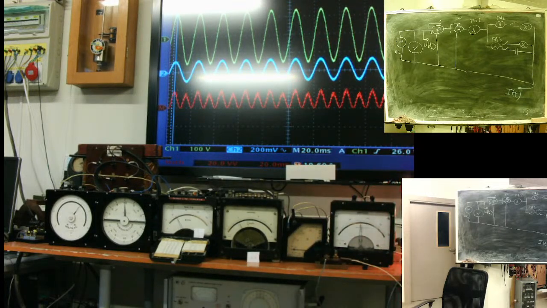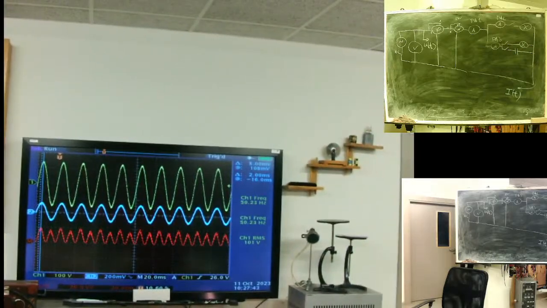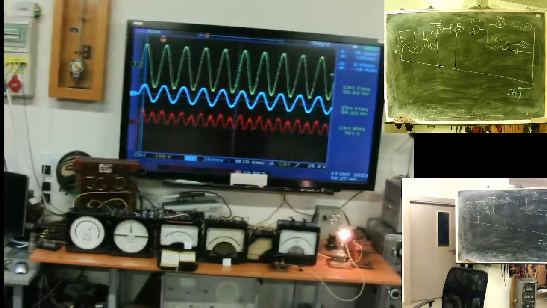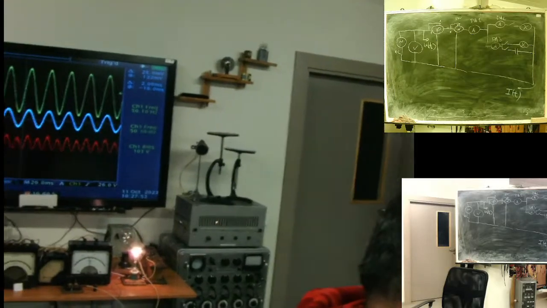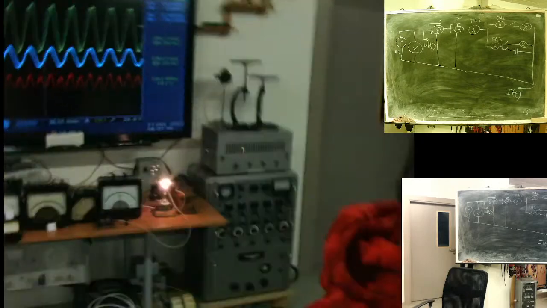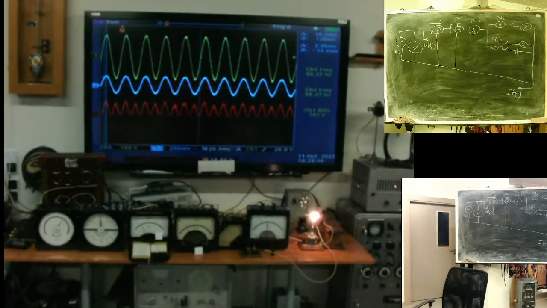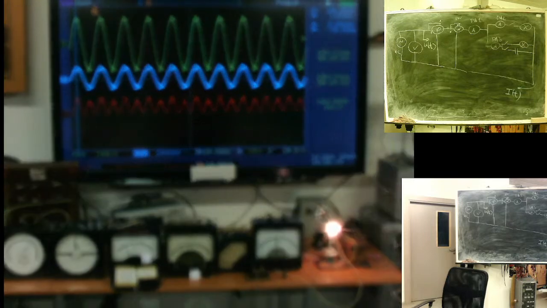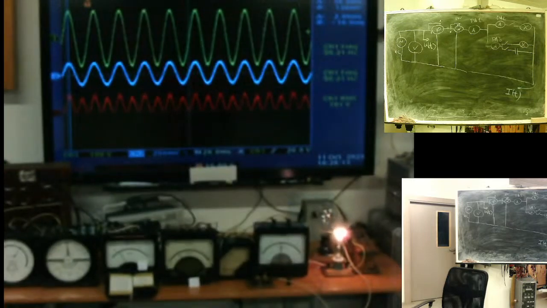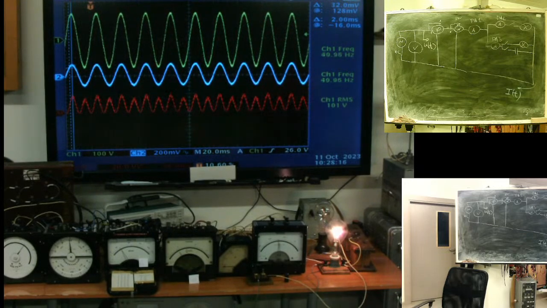Here is current of active load, voltage, current. Let me put my camera in a different position. A bit brighter.